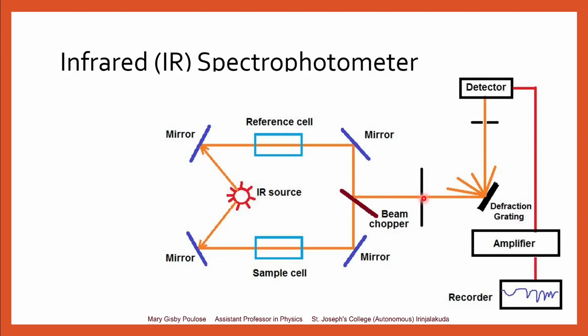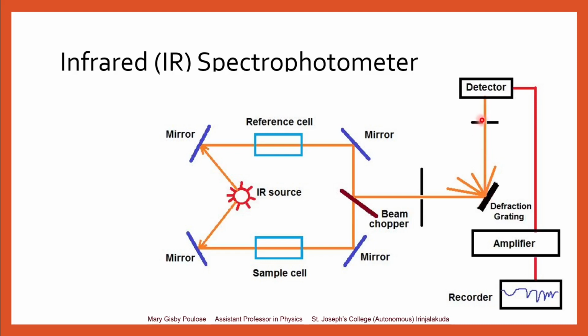Now, this beam is made into a narrow beam by passing through a narrow slit. This is to reduce the noises. And then that beam is made to fall on a diffraction grating. Now the grating diffracts light into its component wavelengths.